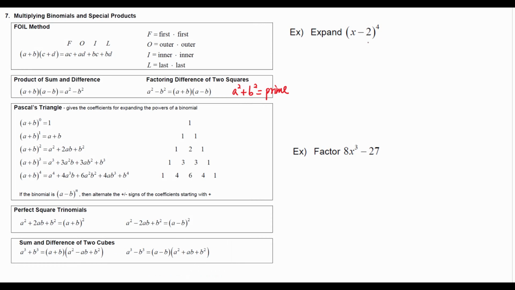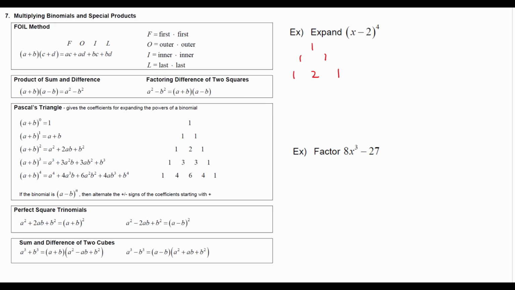Expand (x - 2) to the power 4. So let's say you didn't have anything here on the right hand side, tables, and you had to do this problem on your own. You can quickly draw the Pascal's triangle up to level 5 since it starts from 0's power. So here's the 1, 1, 1, and you get 1, 2, 1.